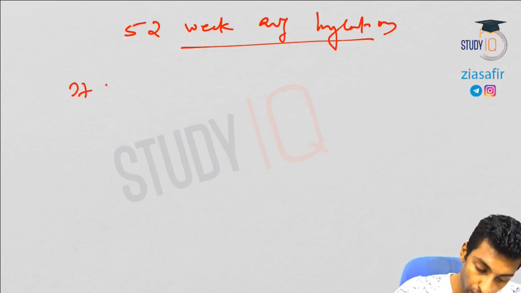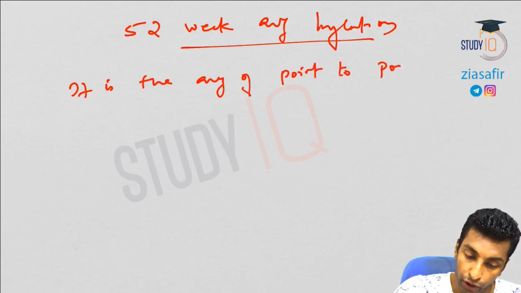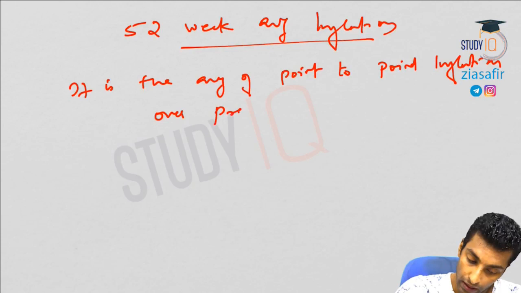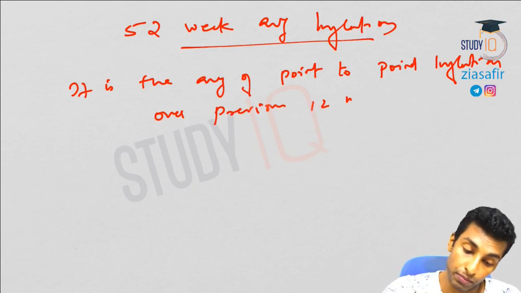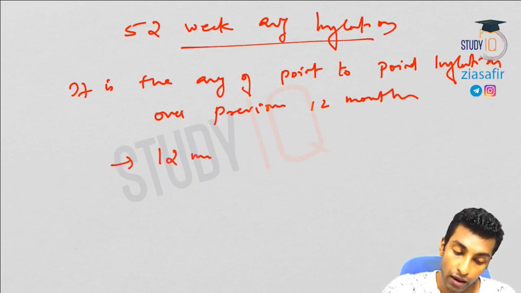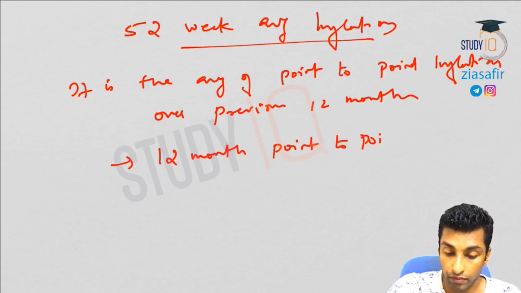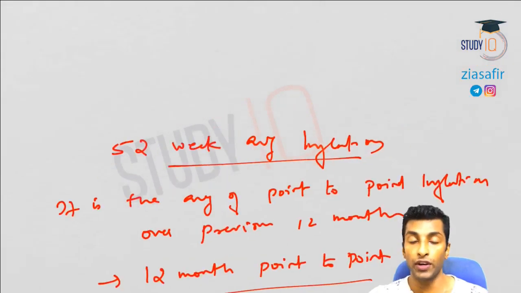It is the average of point-to-point inflation, as I have discussed, over the previous 52 weeks, that is 12 months, previous 12 months, okay? So what you will do, you will take 12 months of point-to-point inflation divided by 12. So you get the 52-week average inflation.